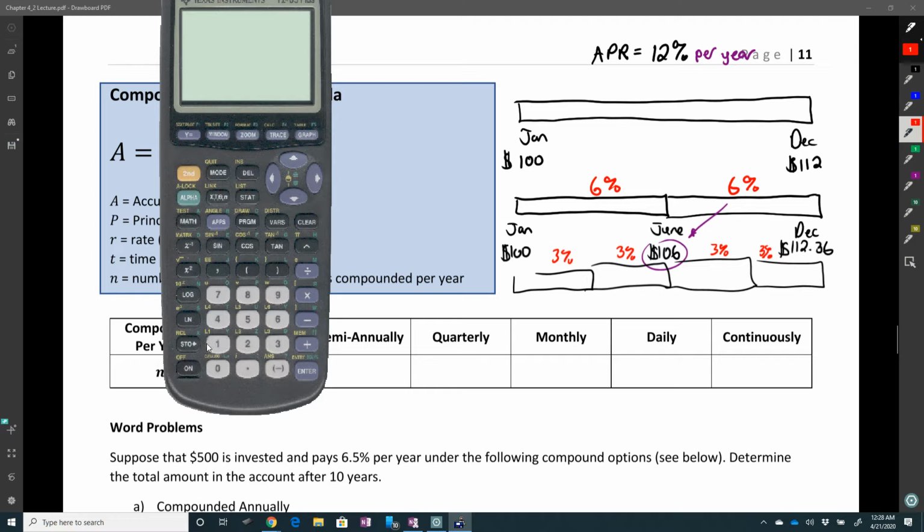So 100 times 1.03 is 103, times 1.03 again, 6 months in, times 1.03 again, 9 months in, times 1.03 again, and then in December, you'd be paying 112.55.